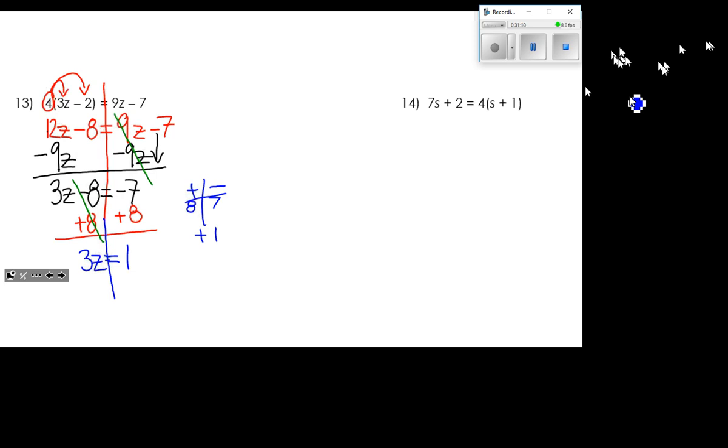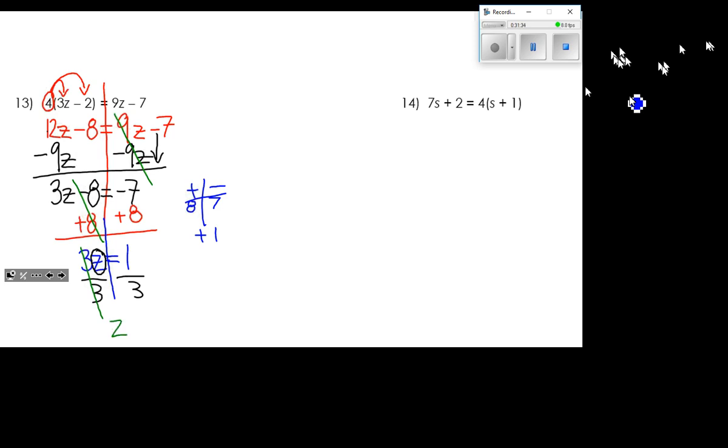I want you to circle the variable. And I want z alone, so I need to get rid of the 3. So I know I'm going to divide on both sides, and I'm going to divide by 3. Because I've done something on both sides, I can cancel.